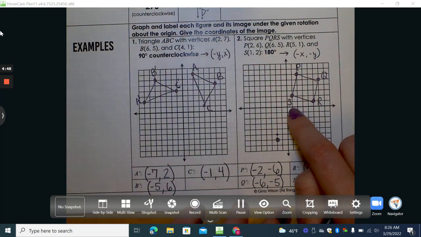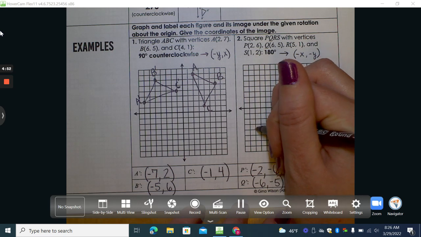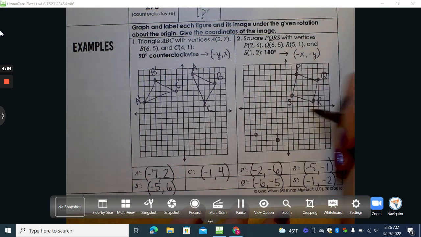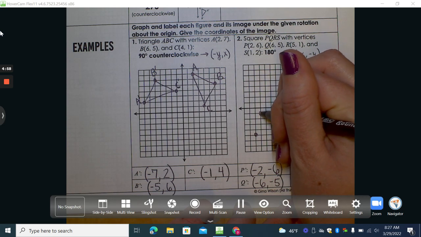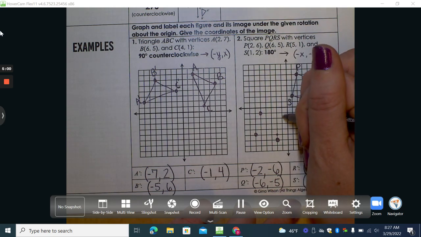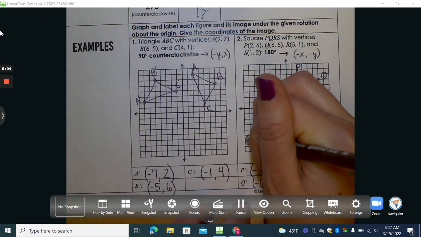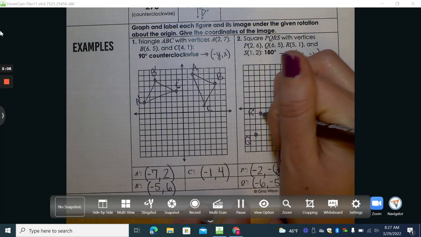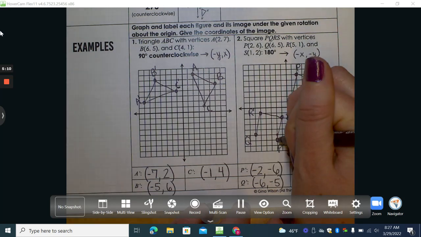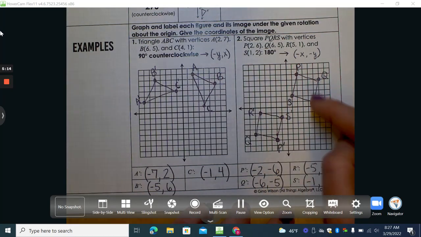(Negative 5, negative 6), (negative 5, negative 1), and (negative 1, negative 2). So P prime, Q prime, R prime, and S prime. And so that square has rotated around 180 degrees.